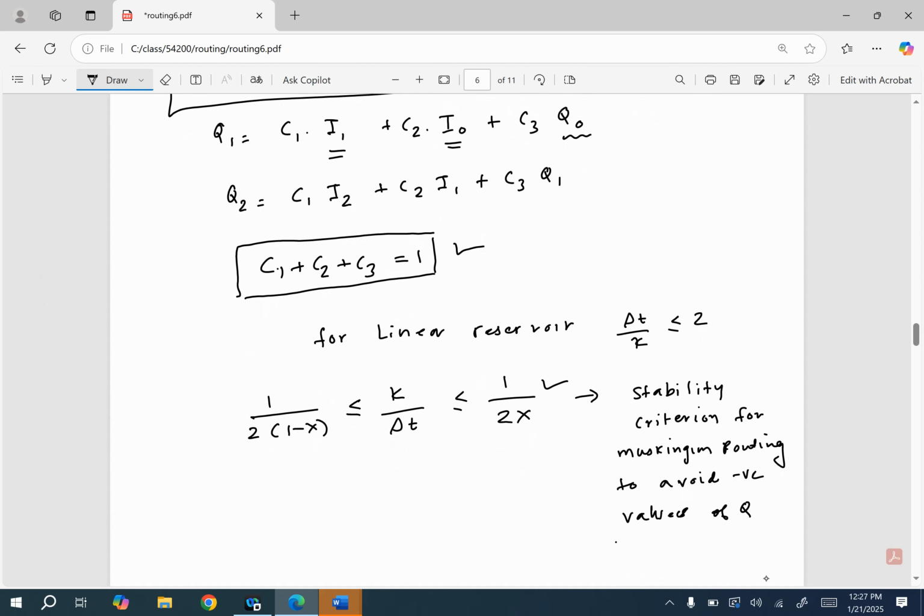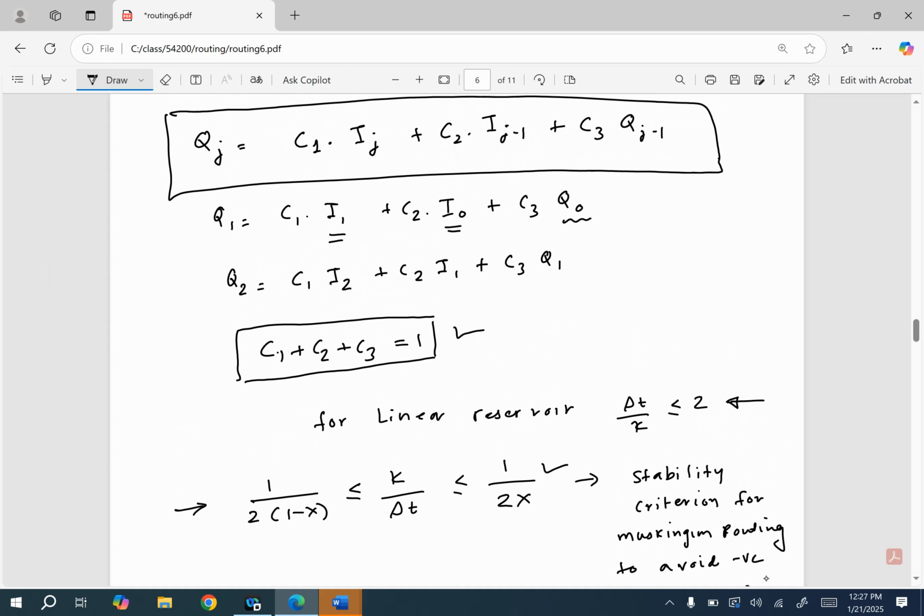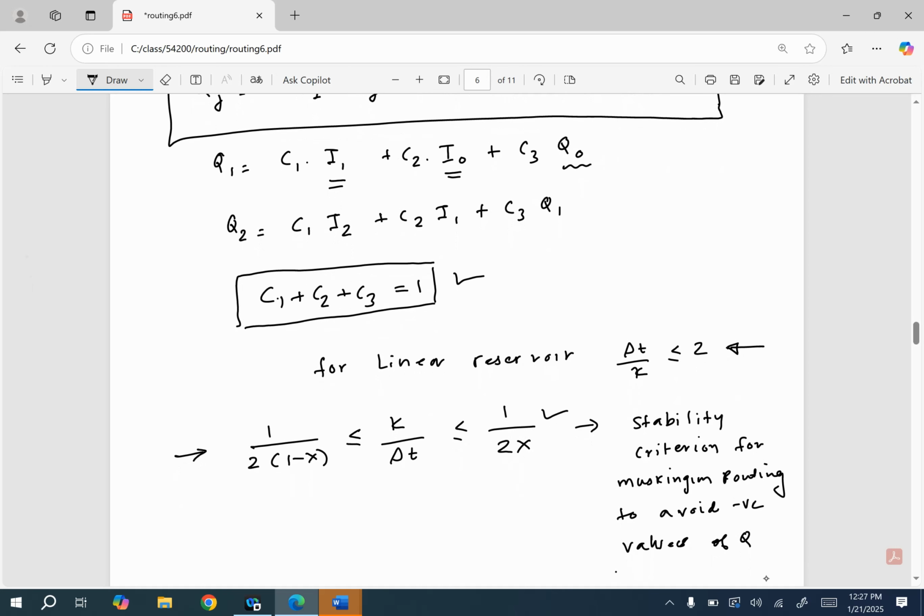Okay, and again, if you put x equal to 0 in this expression, you will end up with this part. So as I said before, linear reservoir is a special case of Muskingum channel routing where the wedge storage is equal to 0, which we can do by setting x equal to 0.